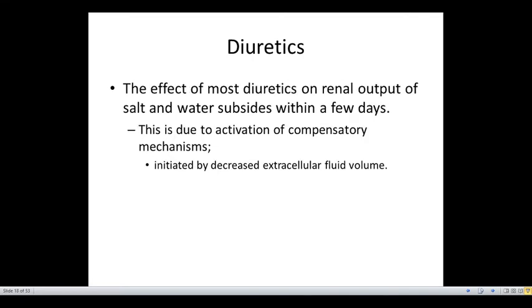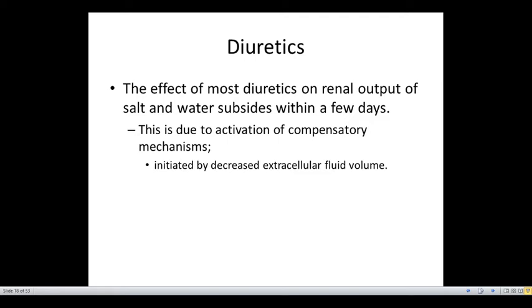The effect of most diuretics on renal output of salt and water subsides within a few days. This is due to activation of compensatory mechanisms initiated by decreased extracellular fluid volume.